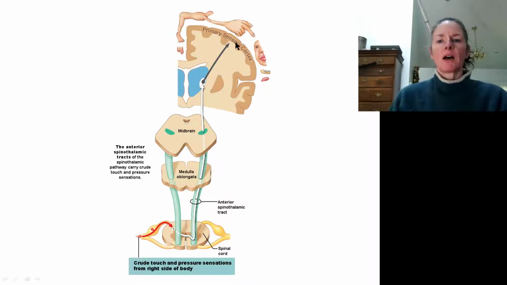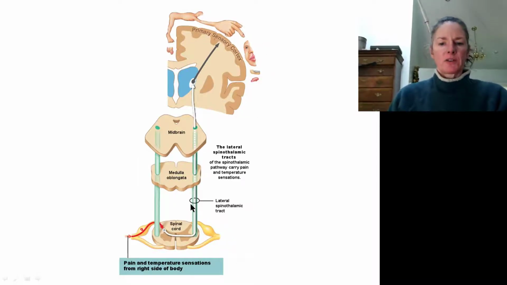So we're going to have our high fidelity, if you will, processing here. So we're going to have more cortex dedicated to hands than, say, we will the trunk or the ankle or something like that. So another area, the lips, are also very sensitive. So they're going to have a fairly large proportion of sensory cortex dedicated to them, much larger in proportion to the actual body part.